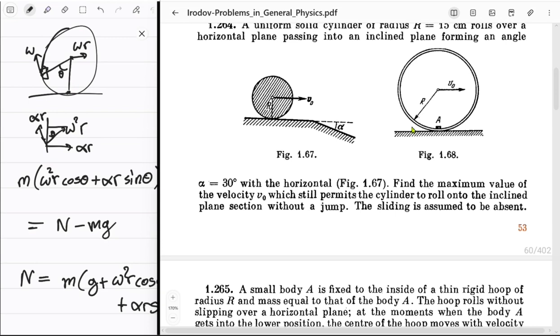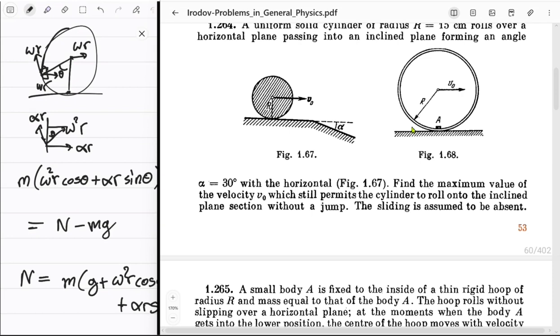Okay, so what's the velocity of this guy? I mean, it's omega r in that direction, and this guy is moving with omega r in that direction. So why is this the thing? There's definitely no way of doing it.